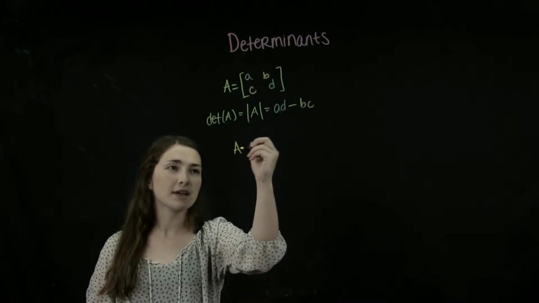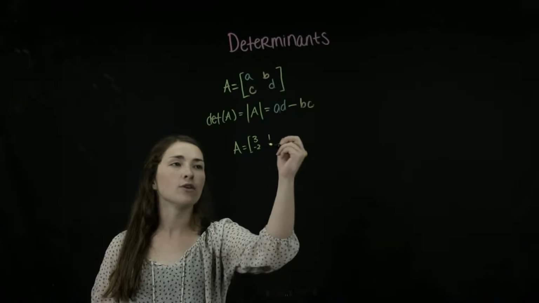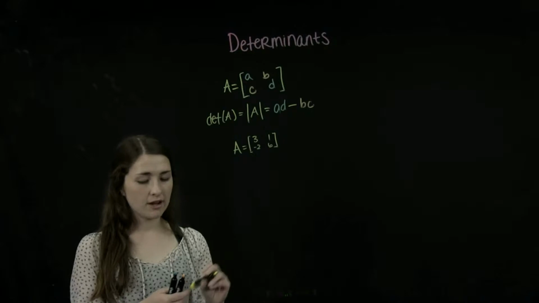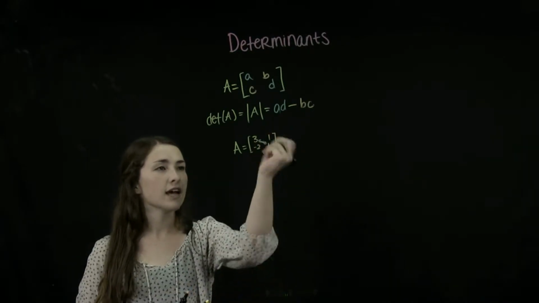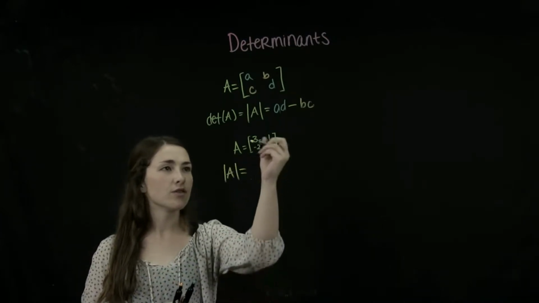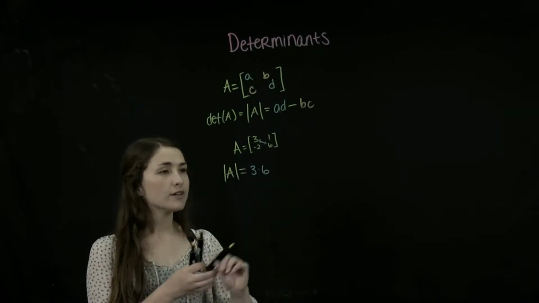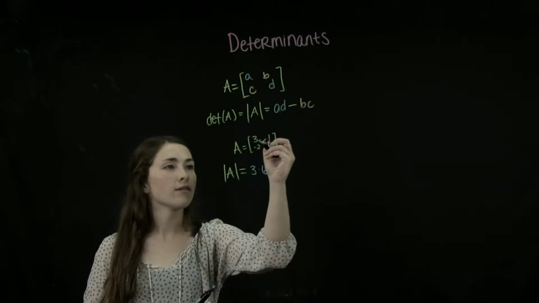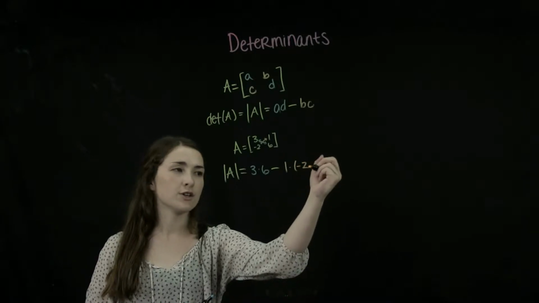So if we have a matrix A, let's say we have 3, 1, -2, and 6, and we want to find the determinant of this. The determinant of A is going to be equal to the product of this diagonal, so 3 times 6, and then we're going to subtract from that the product of the diagonal going the other way, so 1 times -2.